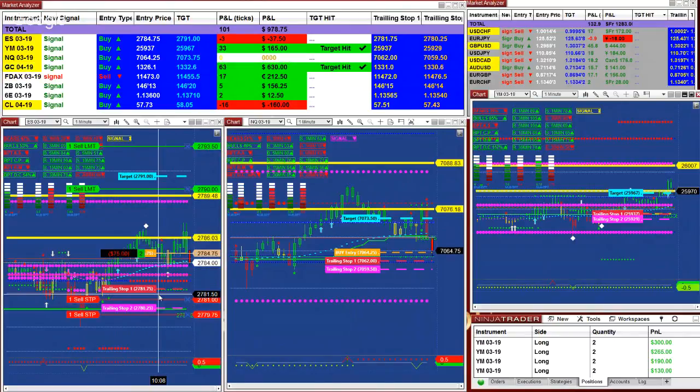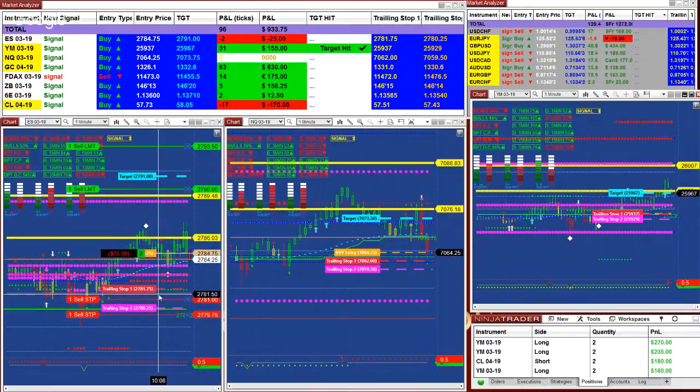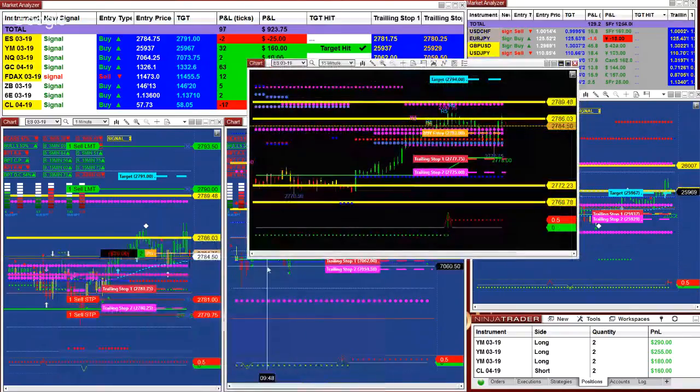We are very far from short, and absolutely there are major support areas in those levels, and the Nasdaq is not going to be breaking down, or the YM, until we see that ES breaking every single level in here. So that's why it is always good to look at your higher time frame.